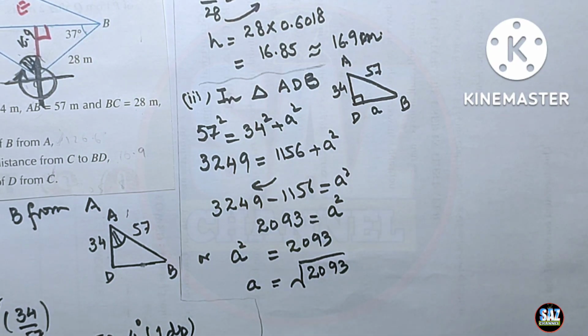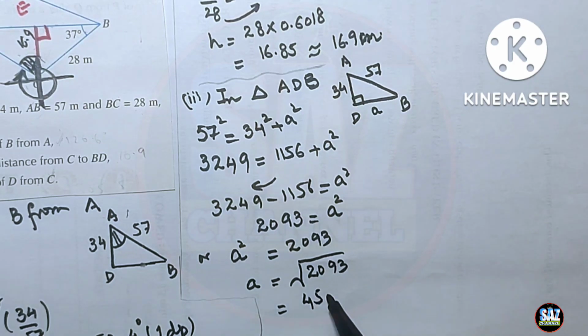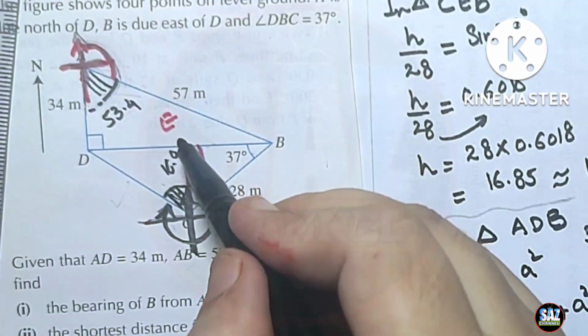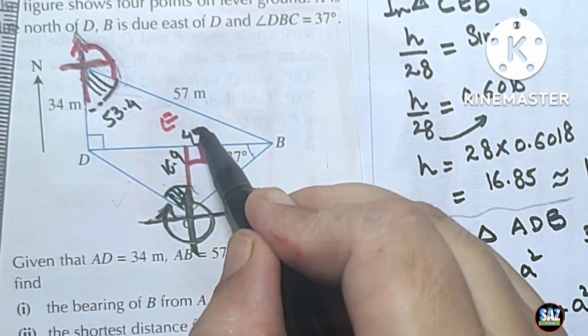The square root of 2093 gives me 45.74, which is approximately 45.7. Okay, now one of the problems has been solved.